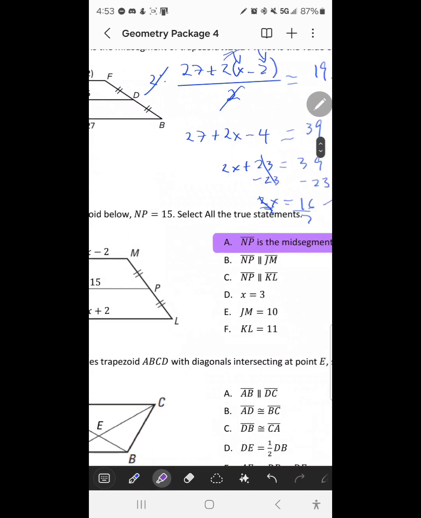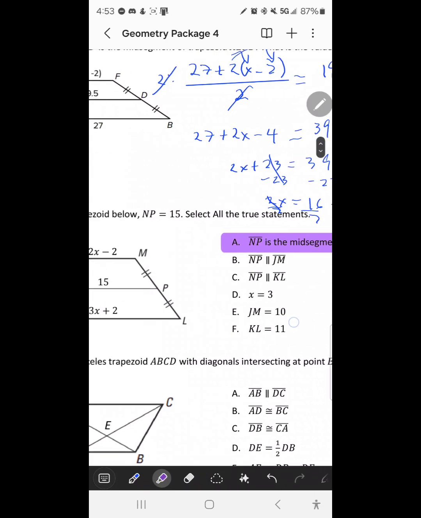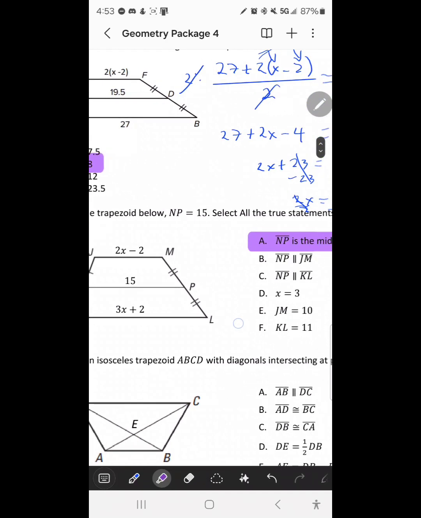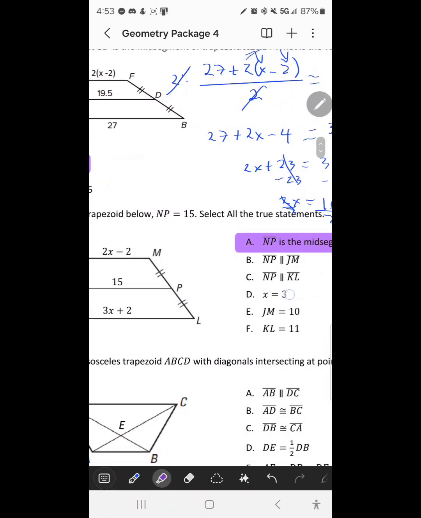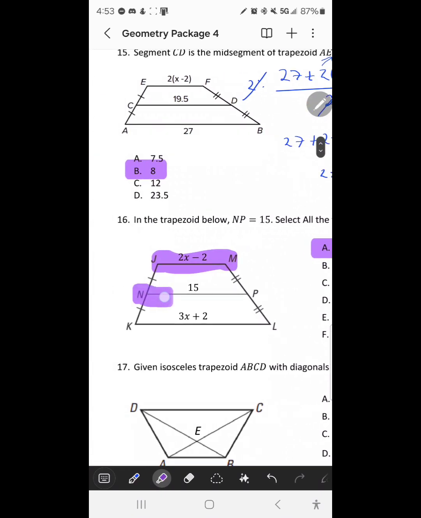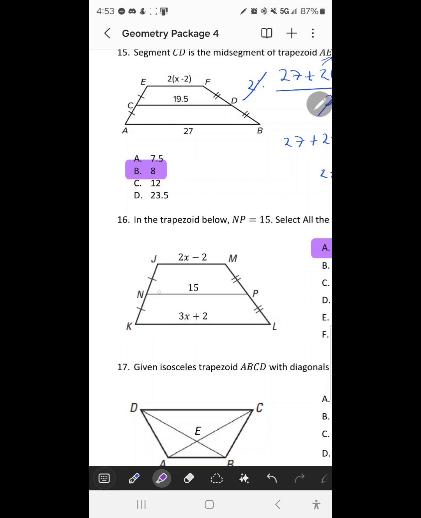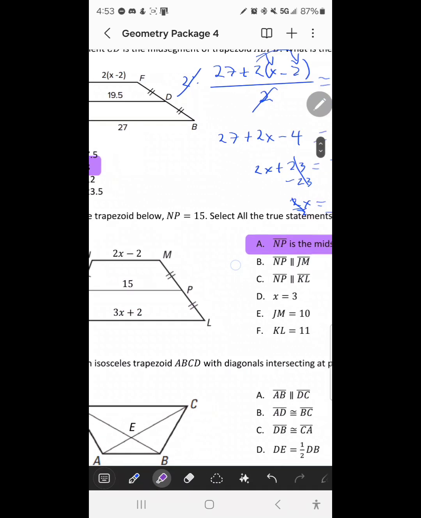Now, MP is parallel to JM. Yes, because all these three lines need to be parallel. These two are parallel by definition, and then the midsegment also needs to be parallel to them.